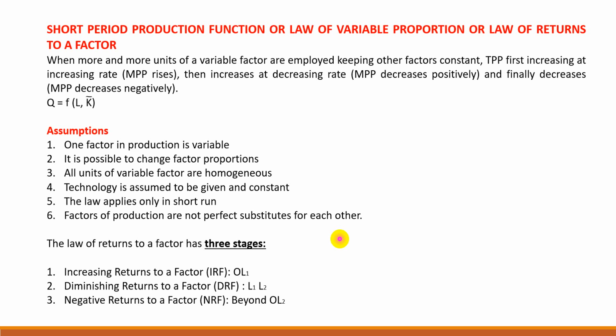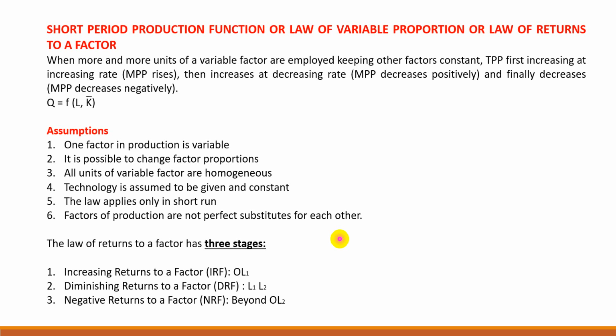We can explain this law with the help of a production schedule and a diagram, that is, the TPP and MPP curves. We can also represent the APP curve, but particularly we show only the TPP and MPP. The law has 3 stages.